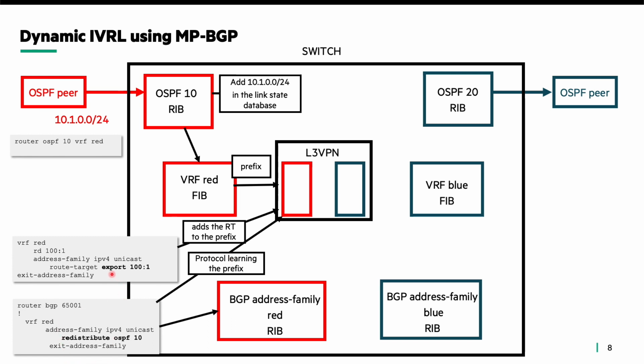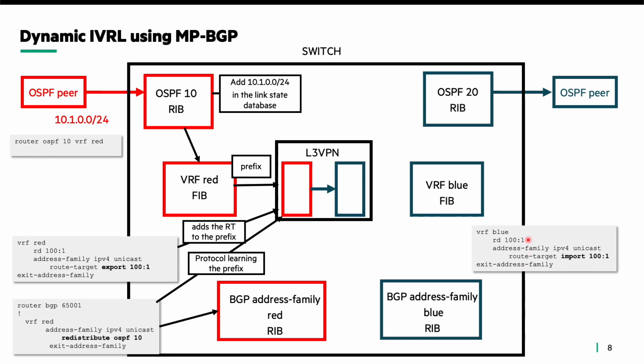Another important point here is the redistribution of the protocol OSPF 10, the number of the OSPF process that has received this prefix. We need to redistribute this process into BGP. When you do that, the prefix is sent to this layer 3 VPN table for the VRF white.